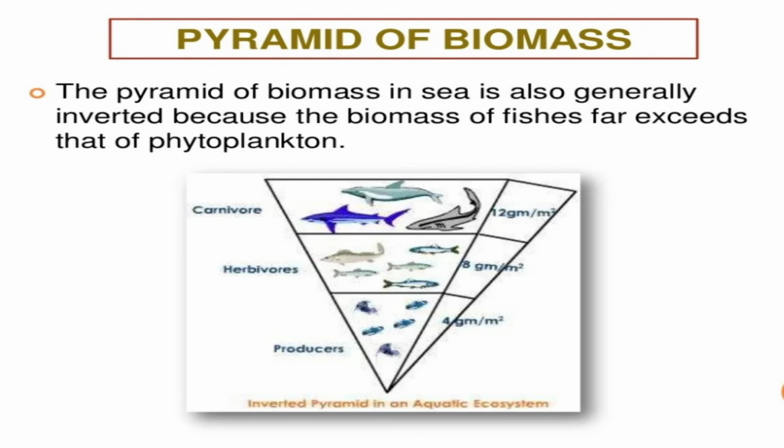Thus, the total weight of organic matter at each trophic level represents the standing crop at a single point in time. This enables the pyramid to assume its natural shape, that is, broad base. The biomass pyramid does not give any idea of the rate of ecosystem production.